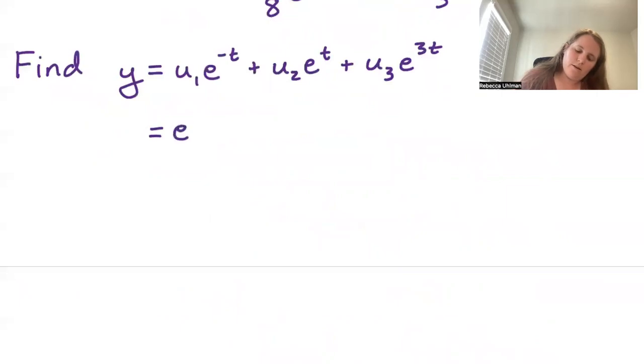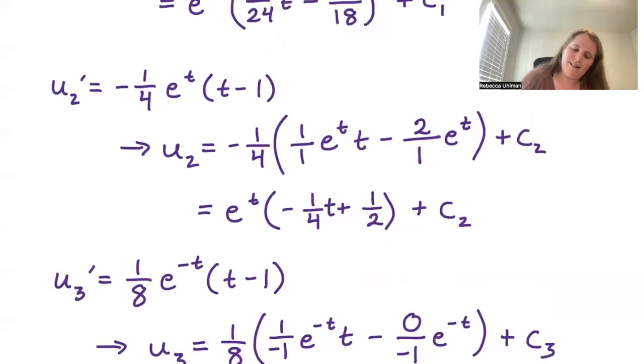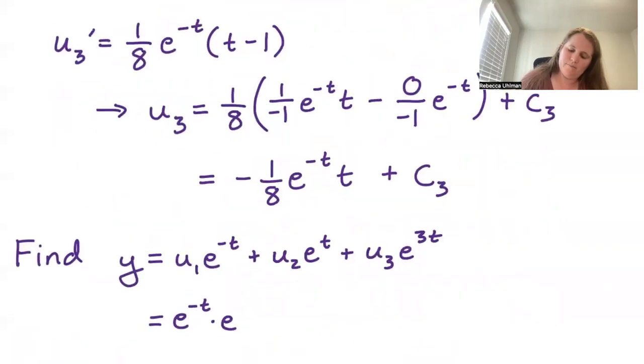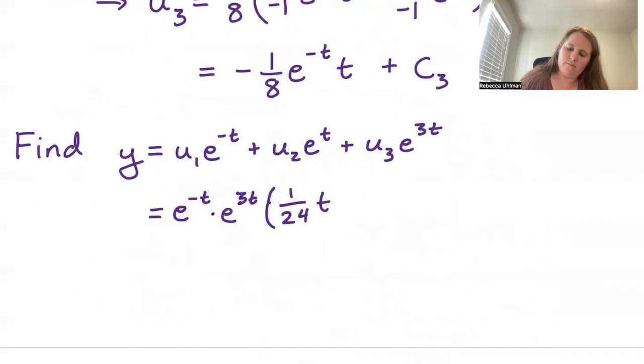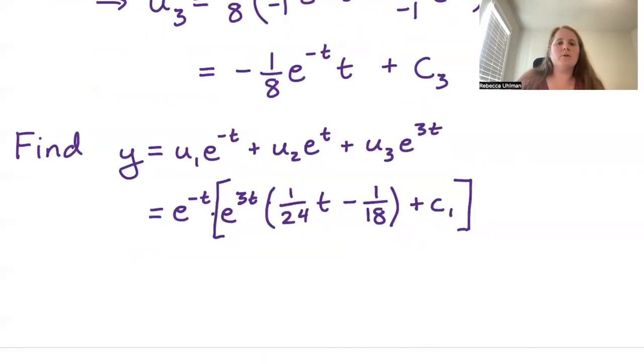So we have e to the -t times e to the 3t times 1/24 t minus 1/18. And then plus c1, that e to the -t is also multiplying the plus c1.